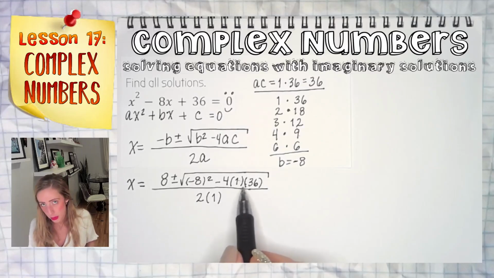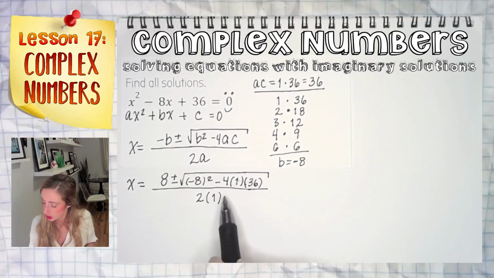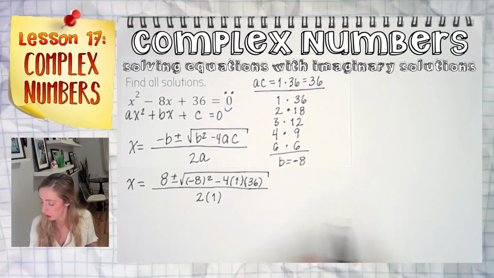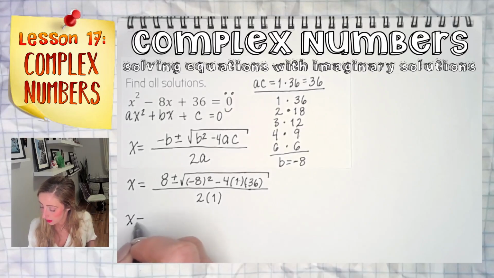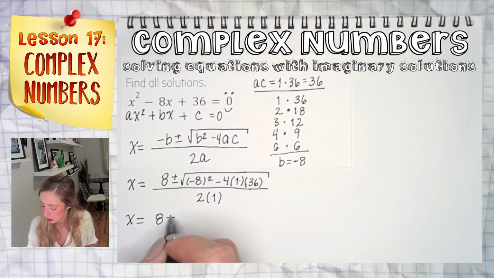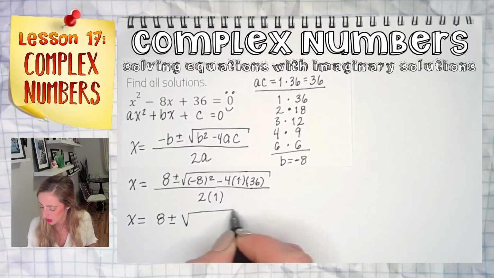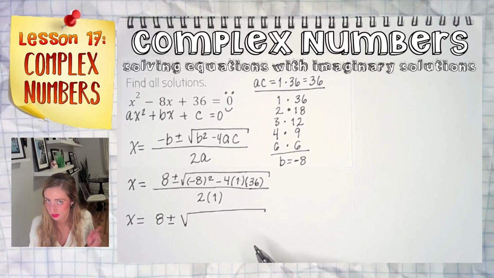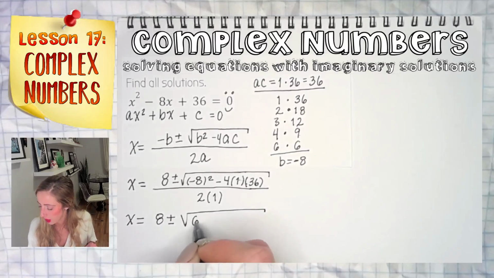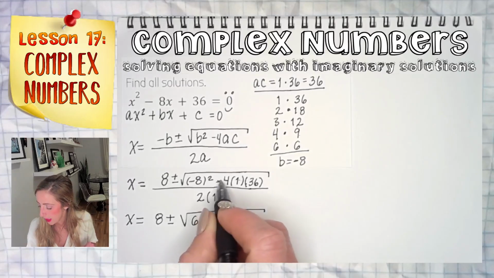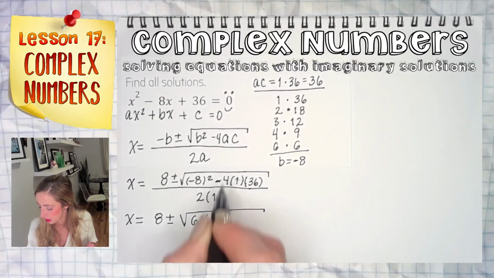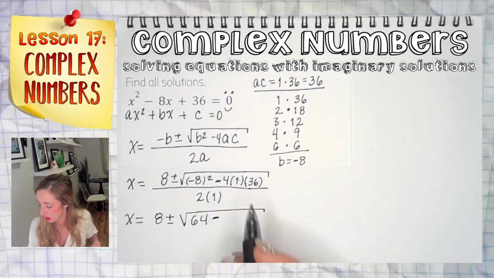So if you double 36, you get 72. And if you double the 72, you get 144. So where does that have us now? X equals 8 plus minus. And don't try to be a hero and do 10 things at once. It's probably not going to work out, okay? 64 minus, I talk about this signage in the other video, the previous one.